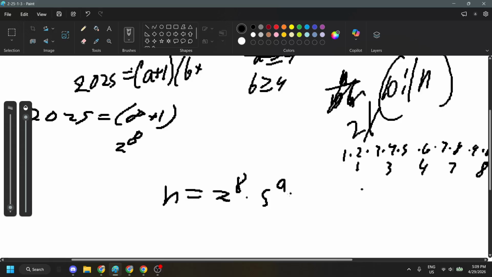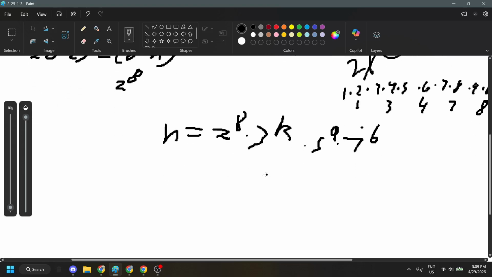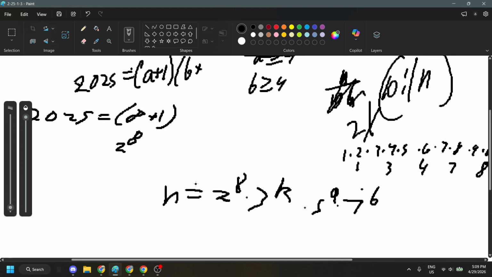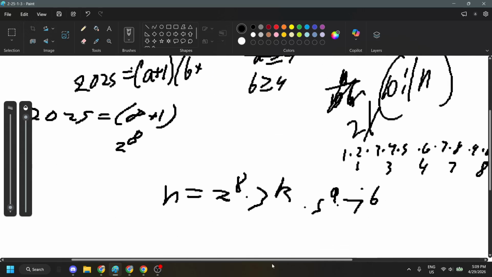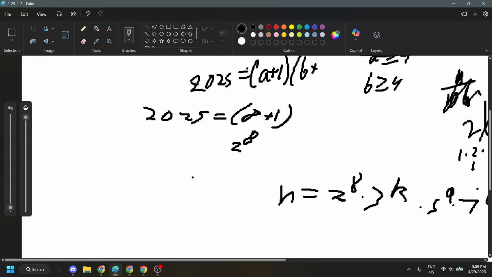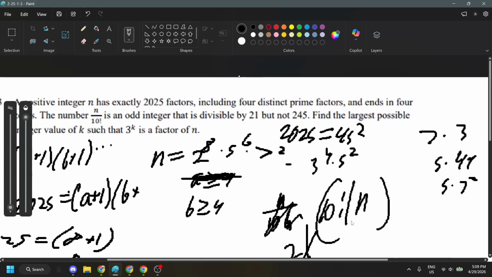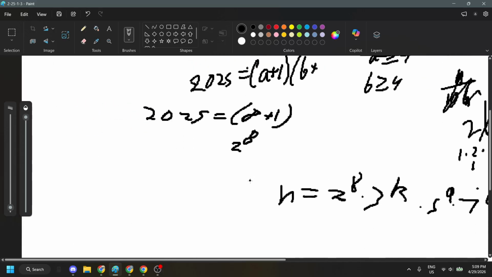Times 5 to the a times 3 to the k, I guess, times 5 to the a times 7 to the b. So if this is 2 to the 8, we want k to be the largest it could be. 2025 divided by 9 would just be 9 times 25. 9 times 25 is 225.